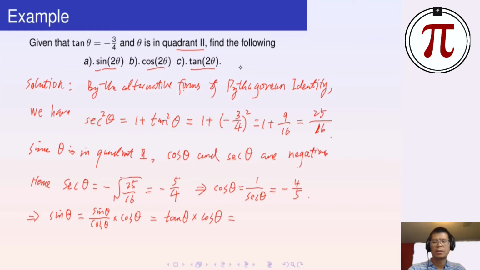If you use this identity, sine theta is tangent theta times cosine theta. So it equals negative 3 over 4 times negative 4 over 5, and you can find that this is 3 over 5. Right? The negative 4 cancels out, so it's just 3 over 5. It's positive. Correct?